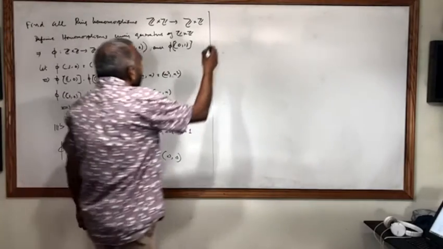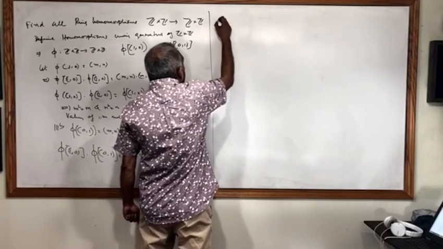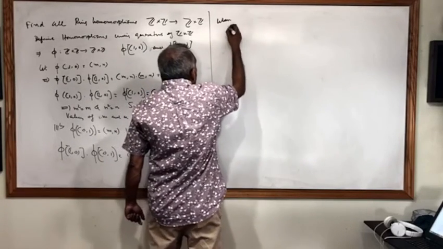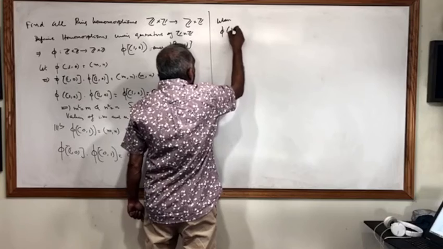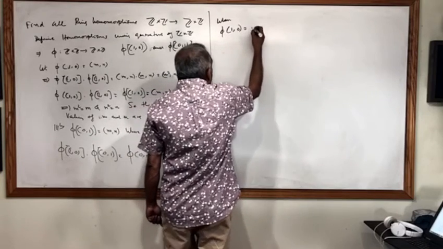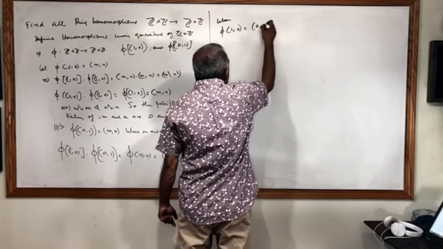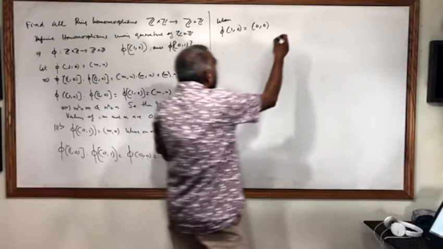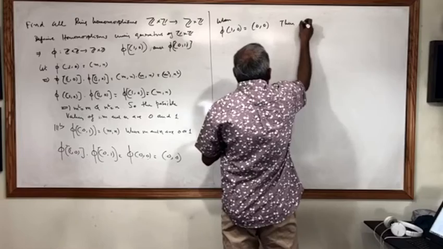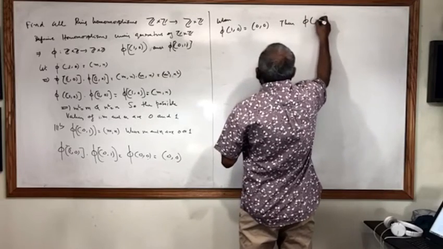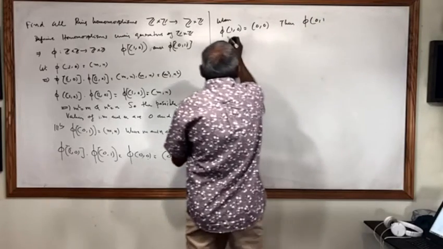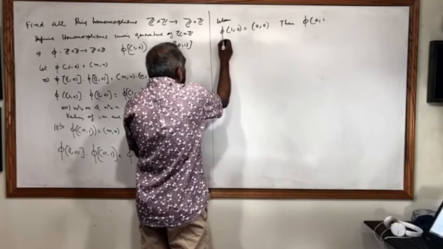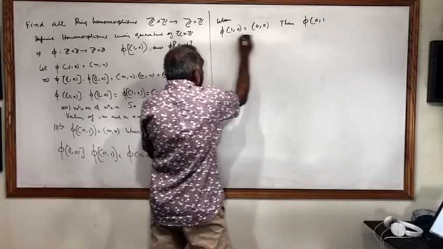So let us take the case when phi of (1, 0) equals (0, 0). Then phi of (0, 1), see this, if you want to make a definition of a homomorphism, you have to define both.